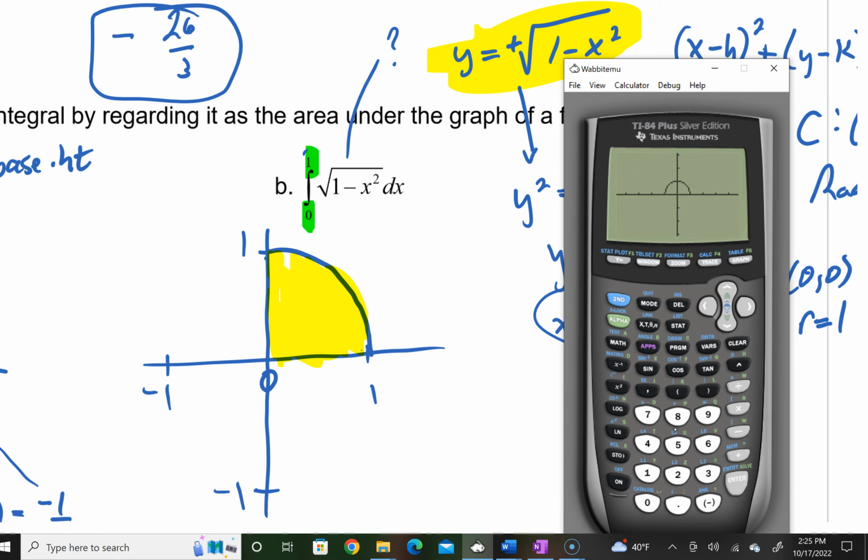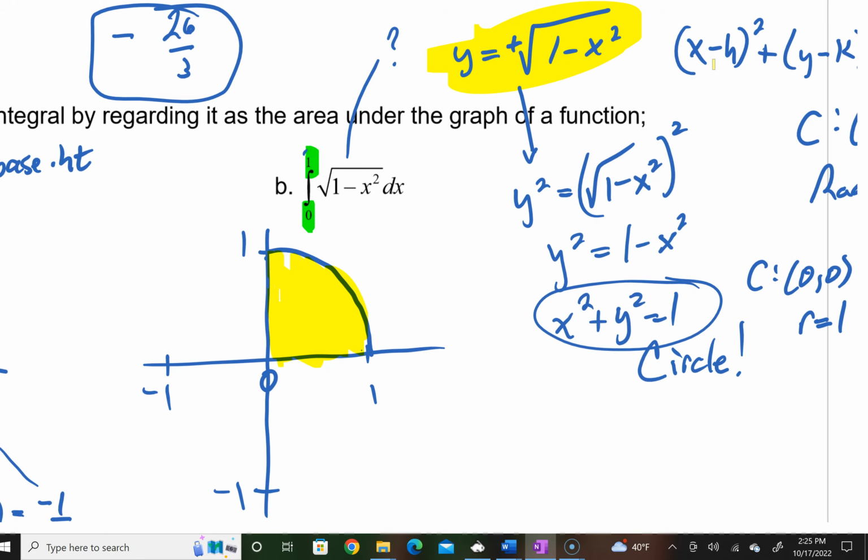Look, that's the top half of the circle. Yeah, but again, here we go. Remember, x only goes between 0 and 1. X can't be negative here. It is really just a quarter circle. See, when y is a positive square root, it's only the upper half.